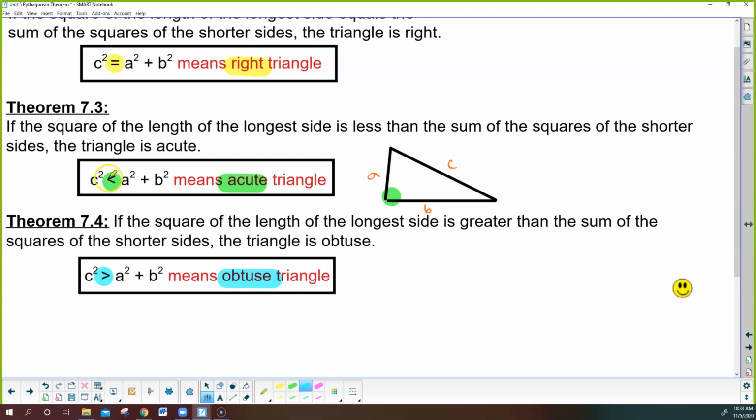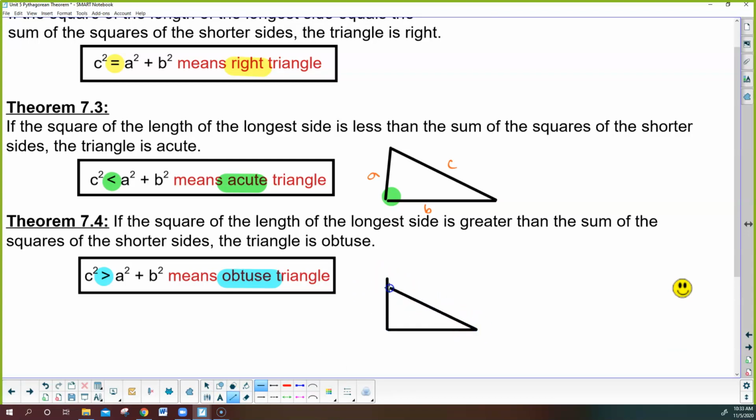Here's the way my brain works. If it's a less than symbol, less than means less than 90, so it's acute. If C is greater than the other two sides squared, greater than means greater than 90, so that would refer to obtuse. And here's a visual to get your brains thinking about it.